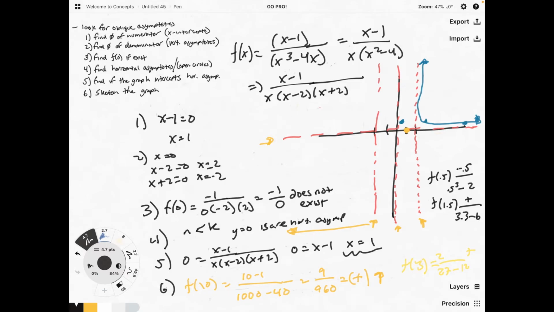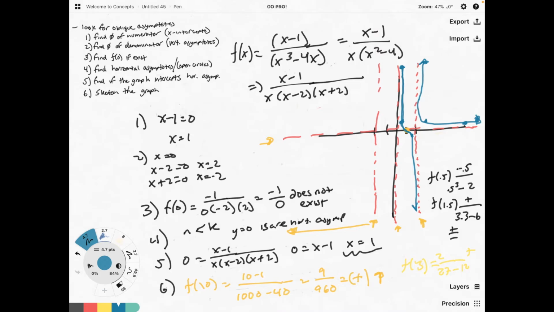So that's a negative value. So we have a positive divided by a negative, and therefore we know that it's down here. And that means that this graph goes next to these asymptotes, but again, never crosses the line. And it also contains this point, 1, 0, and that's that segment.